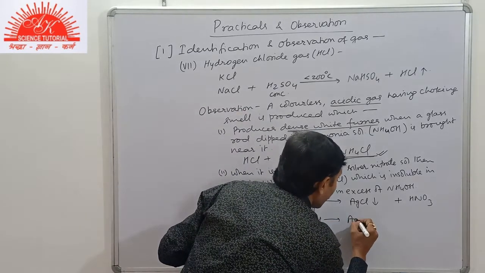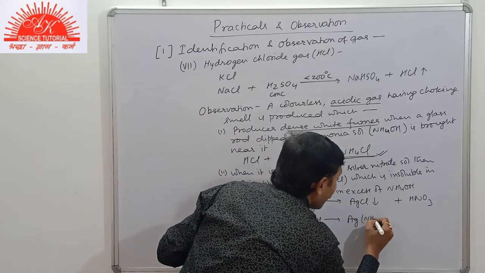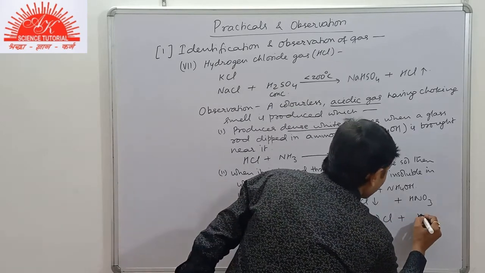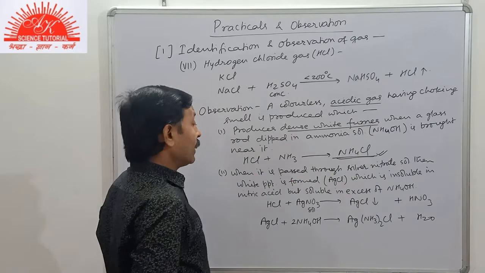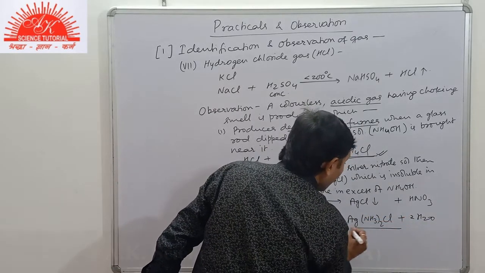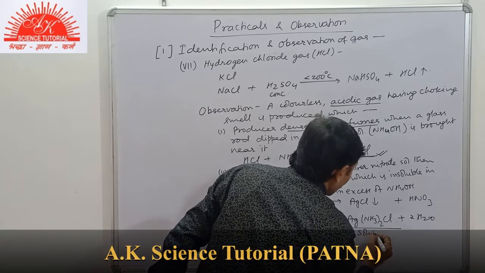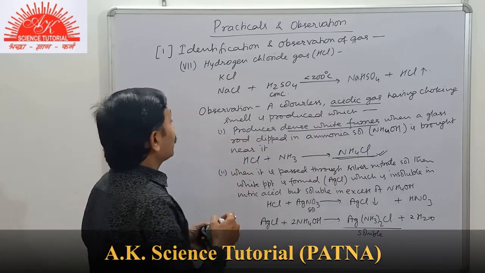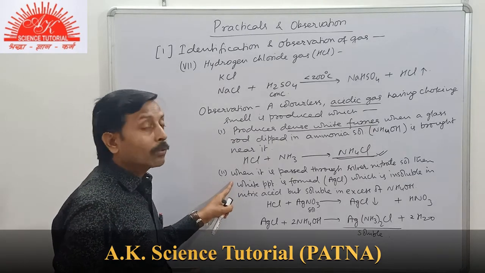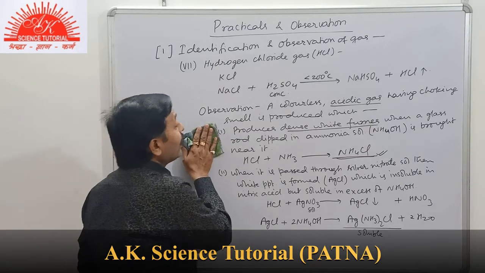It gives silver diamine chloride plus H2O. Now this is soluble. So this is the second test for hydrogen chloride or HCl gas.